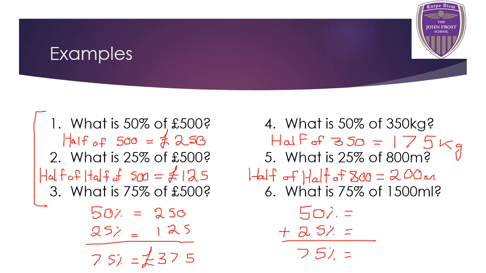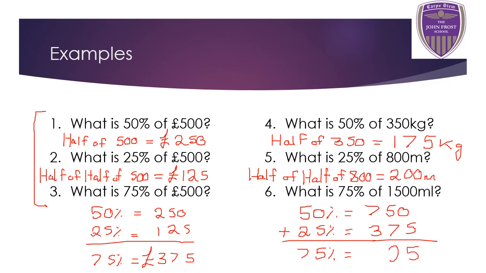Now 50% of 1,500 is half, which is 750. And half of 750, well, half of 50 is 25, half of 700 is 350, so it's 375.